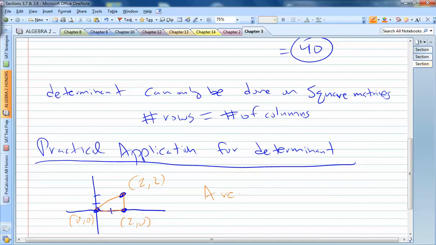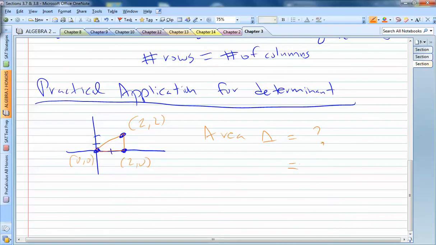What would the area of this triangle be? If you take some time to think about it, and if you remember from geometry last year, hopefully you said the answer is 2. That's because area is 1/2 times base times height. My base is obviously going to be 2. My height is also going to be 2. So 1/2 times 2 times 2 gets me 2.